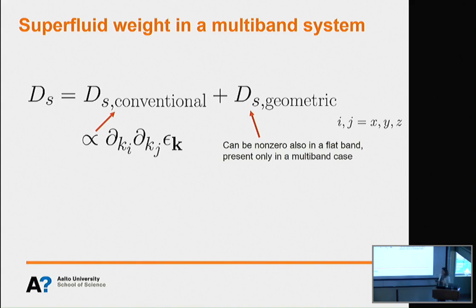So the superfluid density will have a part that is the same as obtained earlier. It's the derivatives of the dispersion, and this is of course zero in a flat band. But there is another contribution that we call geometric, and this one can be non-zero in a flat band. So that's the essential one. And this is present only in the multiband case. So in the usual single band Hubbard model, for instance, it is zero.